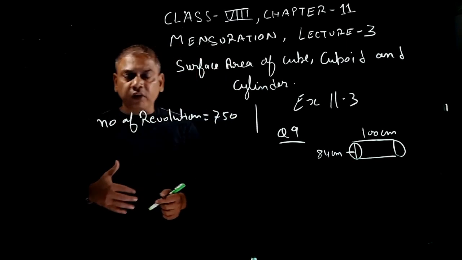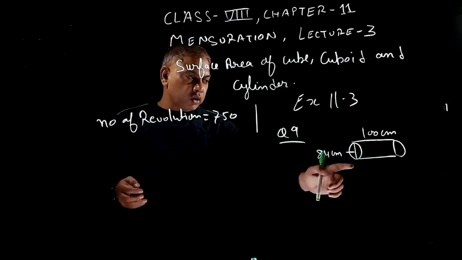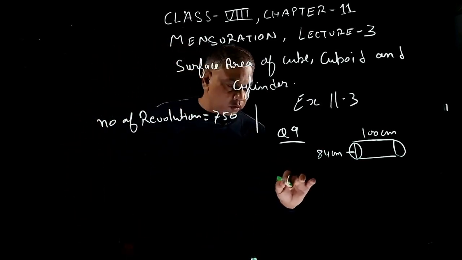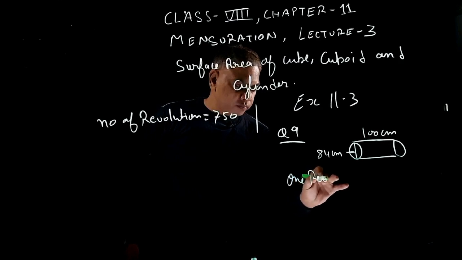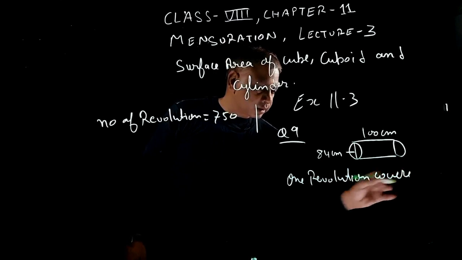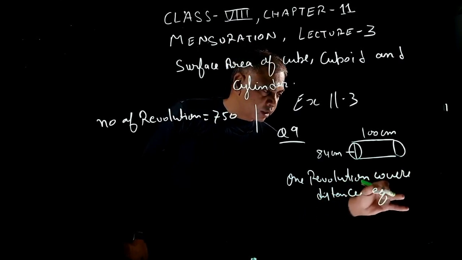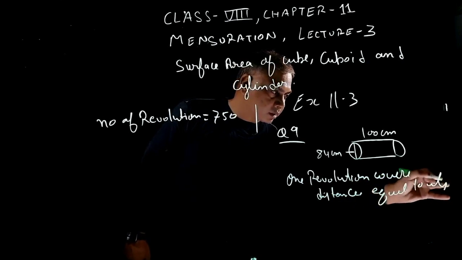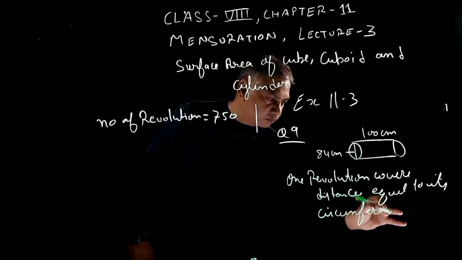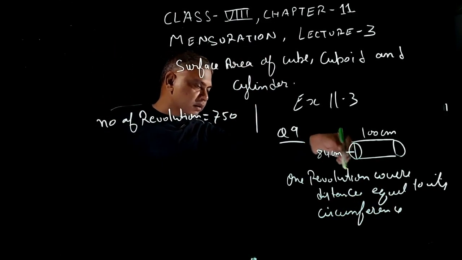So area of the road will be equal to the number of revolutions. Okay, so in one revolution how much distance is covered? One revolution covers distance equal to its circumference. What is the circumference of the given cylinder?